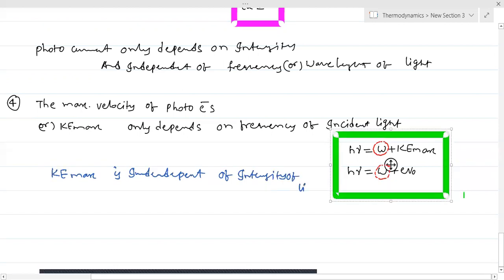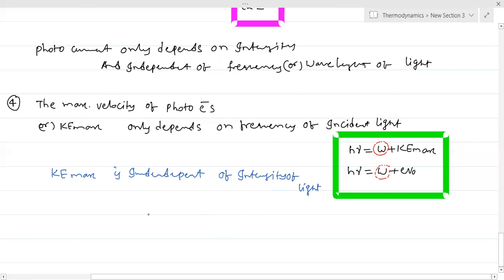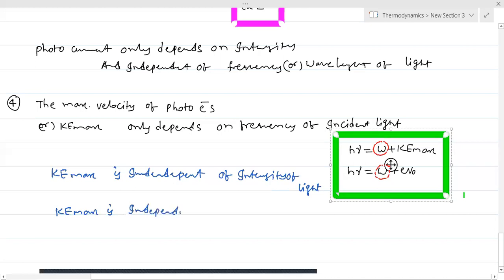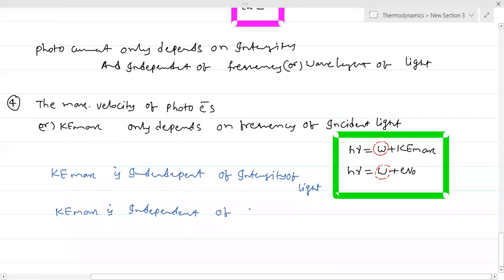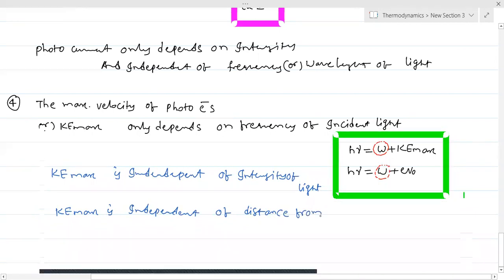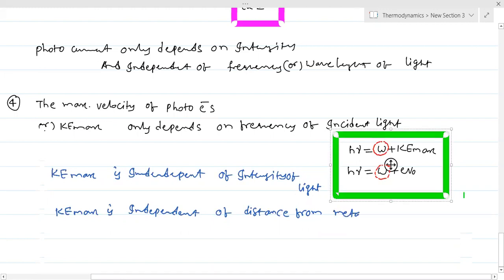We know that intensity also depends upon distance, so again we write that Ke maximum is independent of the distance from the metallic surface.